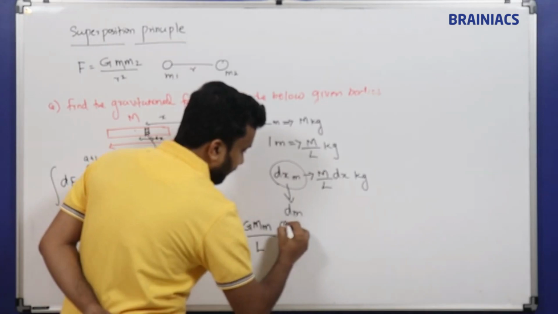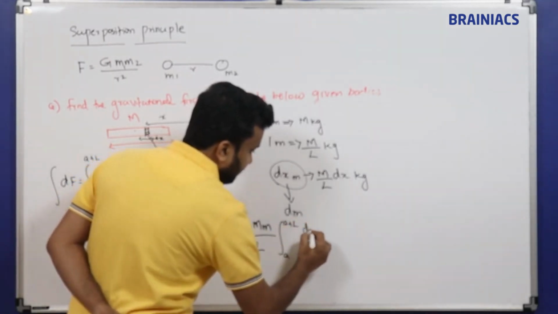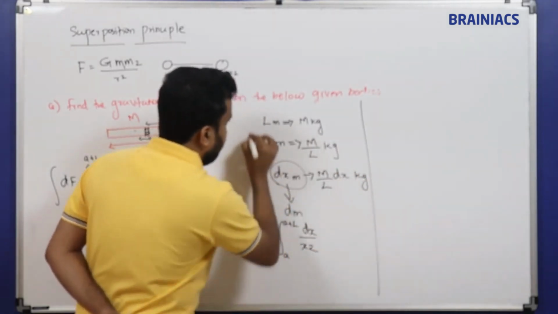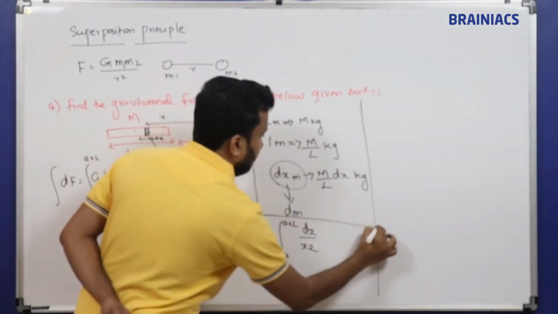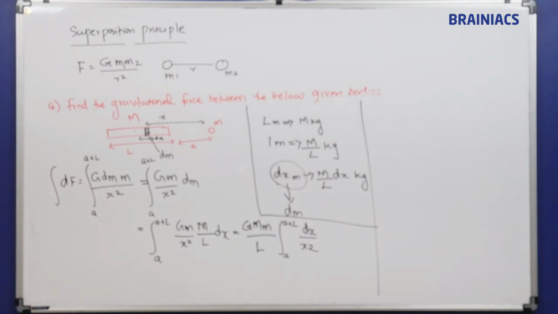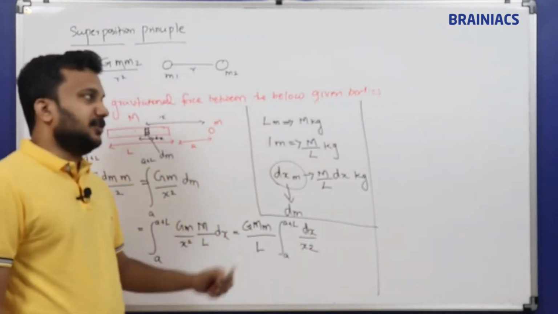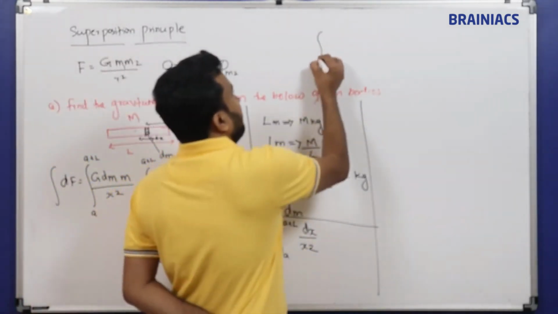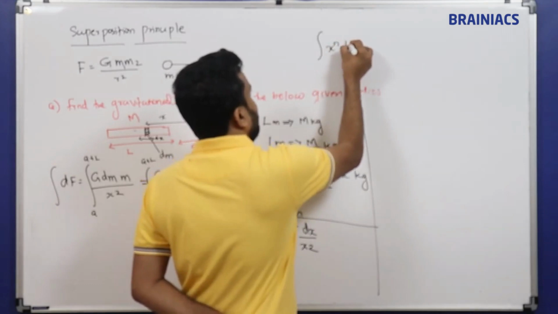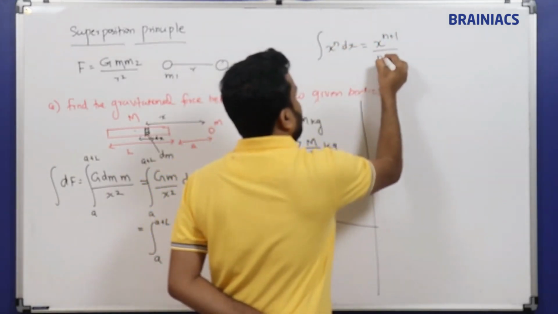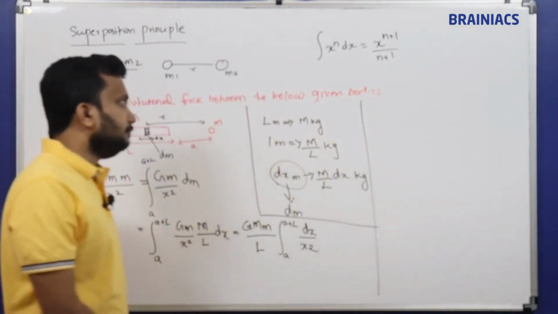Integral A to A plus L of dx divided by x squared. We are integrating this one. x squared will go to the numerator as x power minus 2. The formula is integral of x raised to n into dx equals x raised to n plus 1 divided by n plus 1.